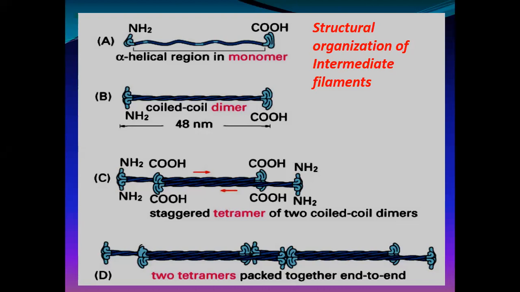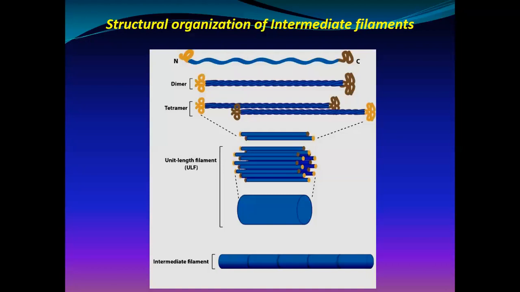And then you can see the tetramers packed together end to end. Two tetramers packed end to end. At the end of the day, monomer, dimer, tetramer, and then tetramers packed end to end, and a filament is formed. That filament is what you call an intermediate filament. Several of those combined together make the intermediate filament.